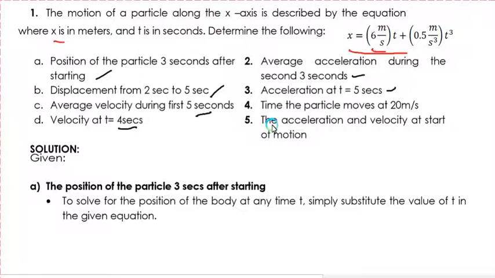Next, time the particle moves at 20 meters per second. So, given sa aton ang isa ka value or ang velocity, so, pangitaon naton ang time sa sina nga period nga nag-move ang aton nga particle at this value sang velocity. We are asked also to find the value of acceleration and velocity at the start of the motion.